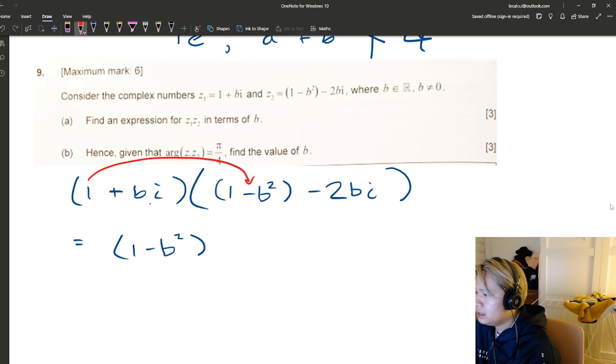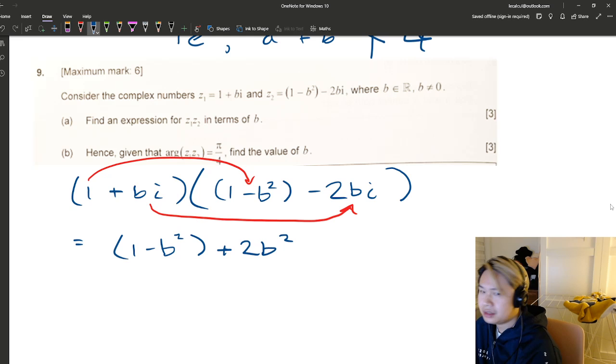And then the bi times the negative 2bi is going to become positive 2b squared. So these are my real parts of the product, right? Negative, and then the two i's make another negative, which makes it positive.